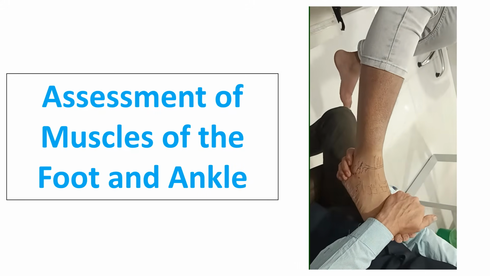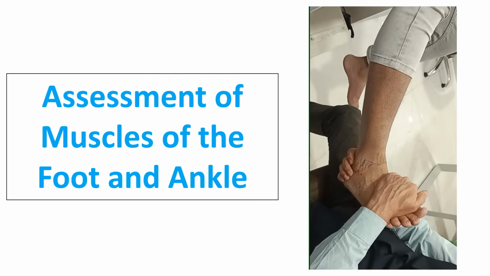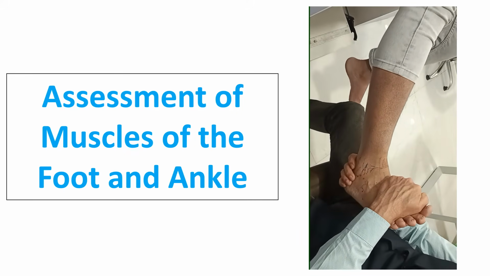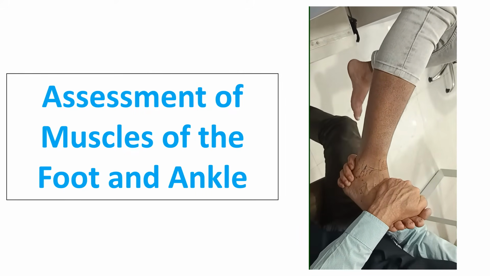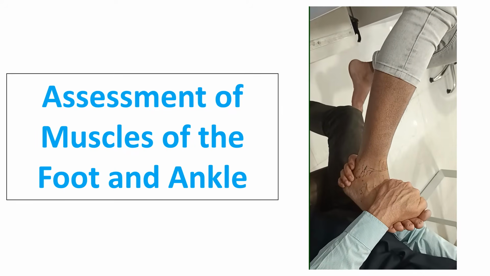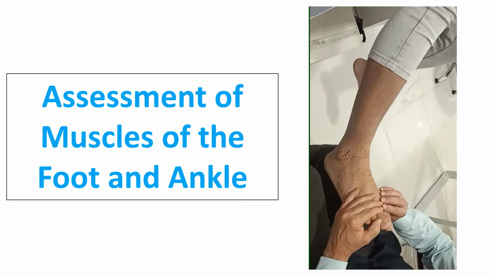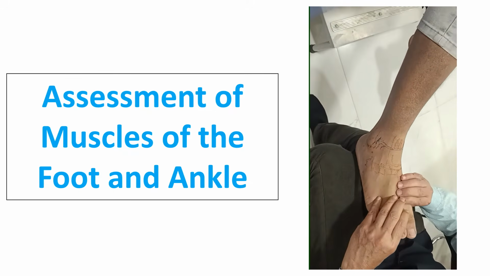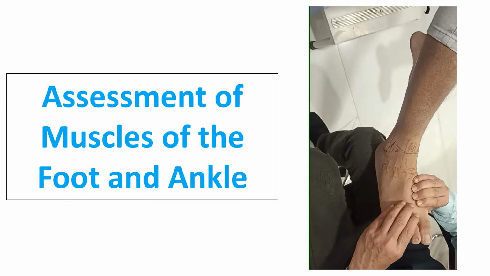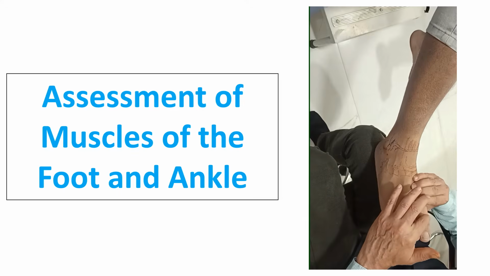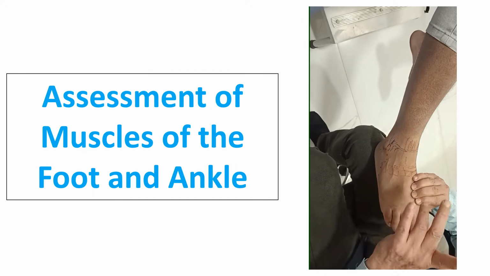Then you ask the patient to dorsiflex and this is for the strength of the extensors or the dorsiflexors of the ankle. And then you just hold the first metatarsal and ask the patient to extend the proximal phalanx of the toe.